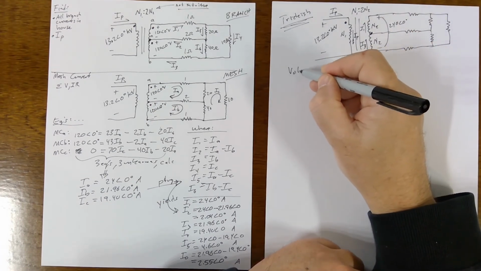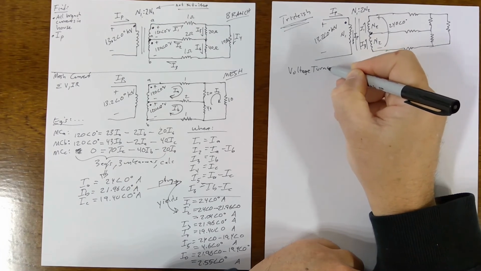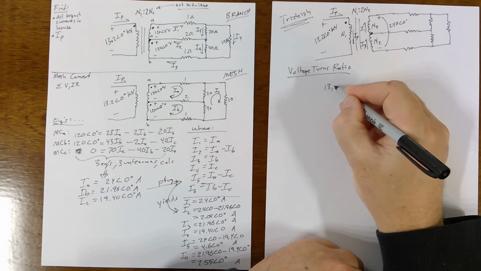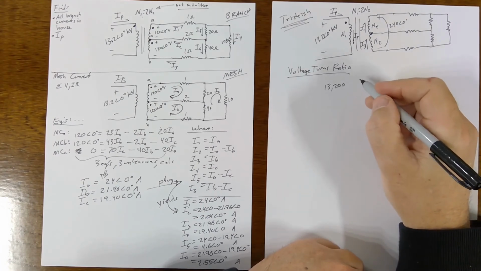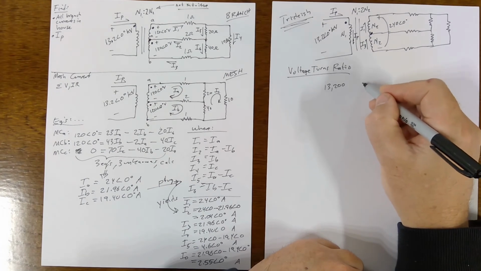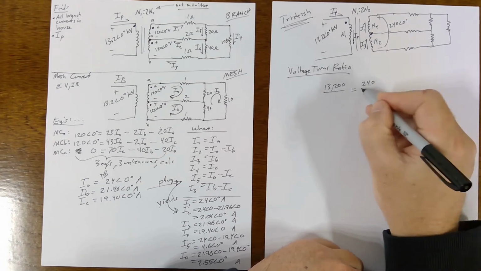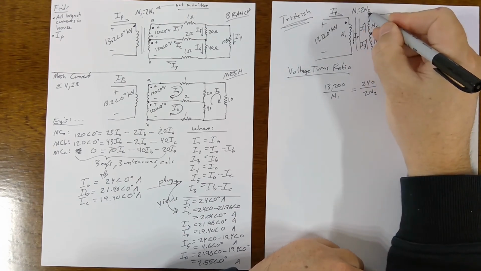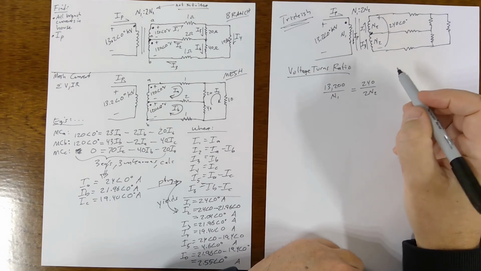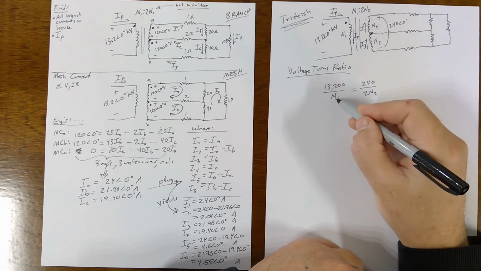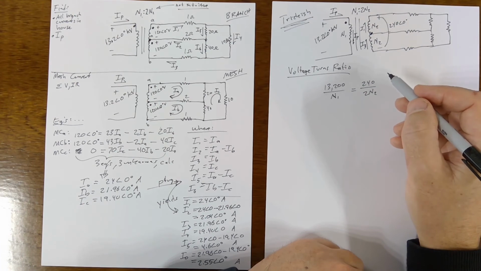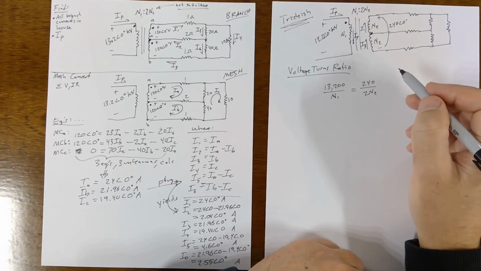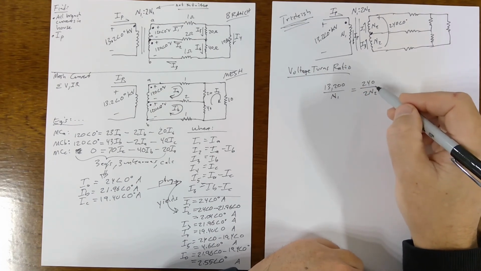Then we can use the voltage turns ratio. So we have 13,200 volts on one side, and we have 240 volts on the other side. And the N1 and N2 go this way. This is from our voltage turns ratio formula.